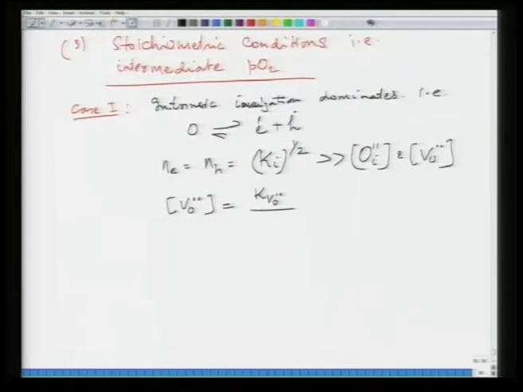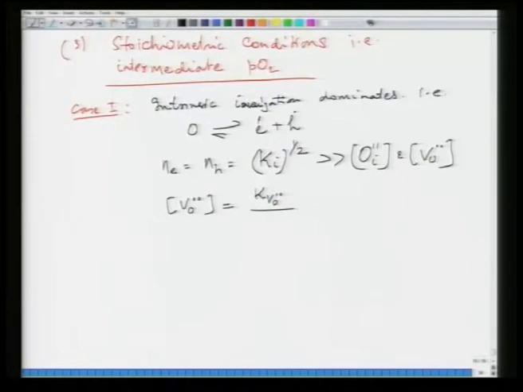Now, here what we are saying is that Ne and NH concentrations are much larger than OI and VO, which means in this expression, which is the reaction for formation of vacancy of oxygen, Ne is no longer governed by VO concentration, rather VO concentration is now governed by Ne concentration. So, this expression was VO equal to KVO divided by Ne square, multiplied by PO to the power half.